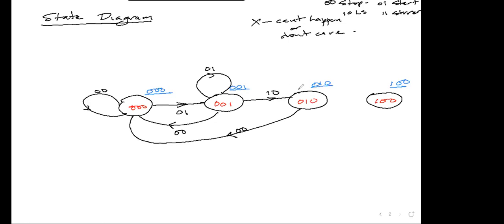Loop back to 010. I said, stirrer is on and you press the start switch, then it loops back onto itself. Continue doing what it's doing. Yes, sir. Stirrer is on and the level switch, that's one of the can't happen states, so we're leaving that alone.